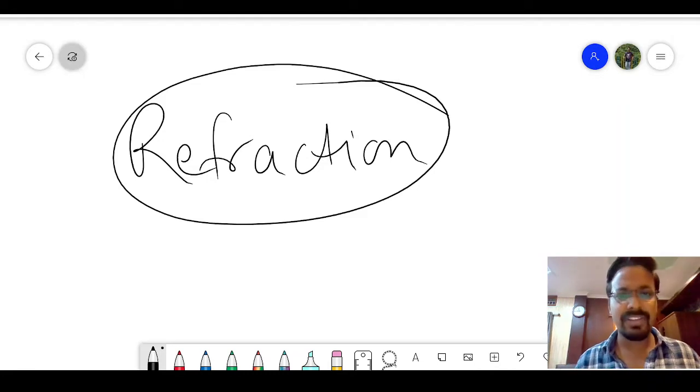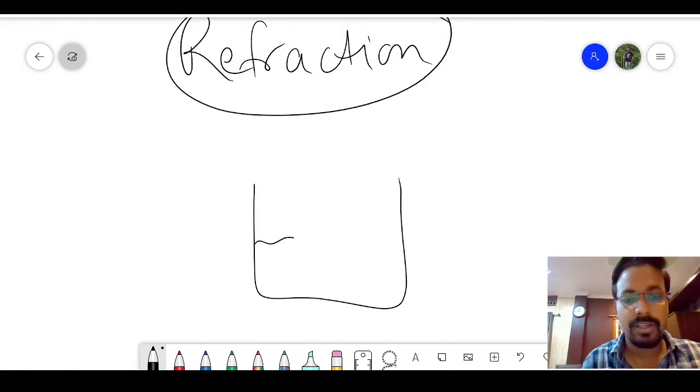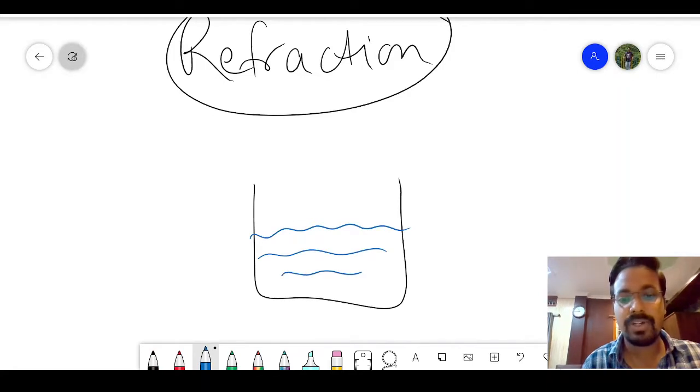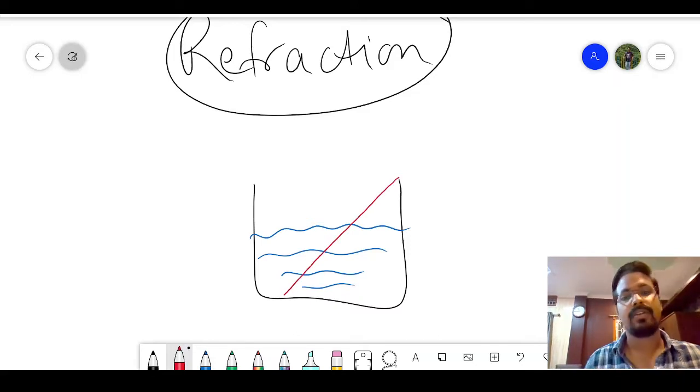To put it in a very simple way, I think most of you may have observed this. Suppose you have a bucket of water, and you place one stick into the bucket.